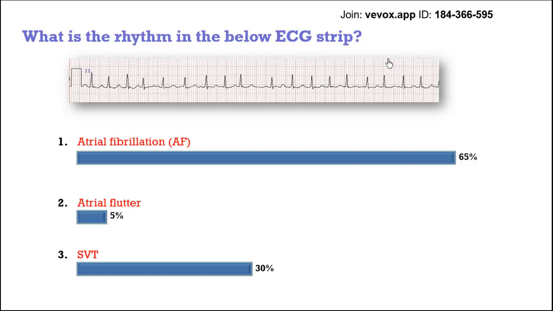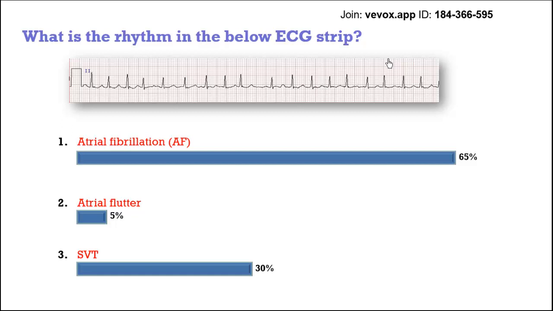Here it's completely irregular, in SVT, in AF, it's completely irregular. So both of them don't have P wave. But in AF, it's completely irregular, like the strip you can see now on the screen. And in SVT, it's regular. This is the difference. Atrial flutter is excluded, as I said.